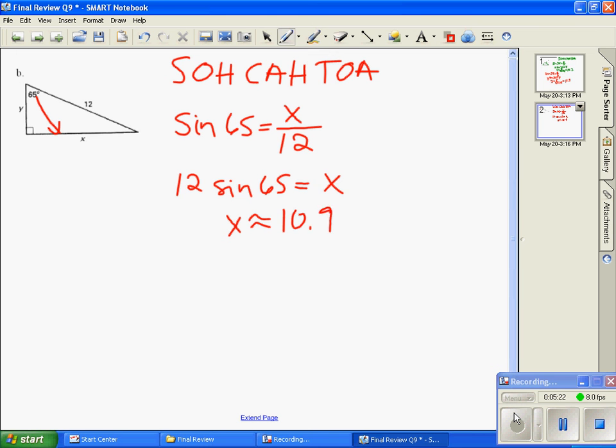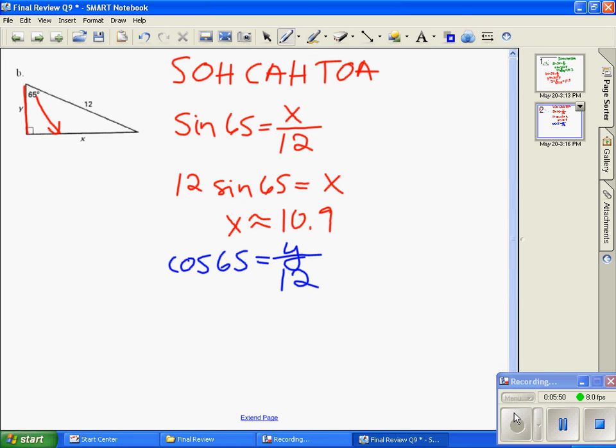Okay, so the y. Okay, with respect to 65, the y is adjacent. You can see it's right next to the angle. Okay, and again, we're going to use the 12, which is the hypotenuse. So this time we're using cosine. So cos of 65 equals adjacent over hypotenuse.